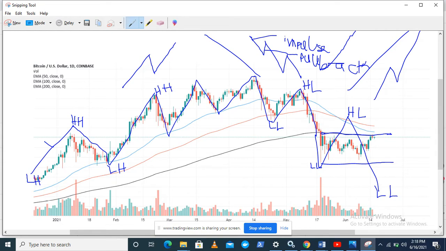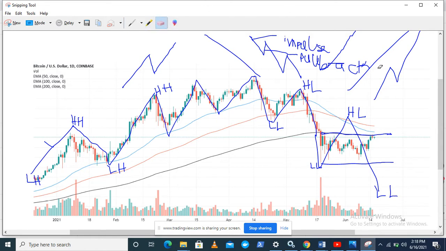And once this happens successively, then this is the continuation of the downtrend, which means we are now in a proper or more established downtrend. That is just it for the downtrend. Let me erase this.